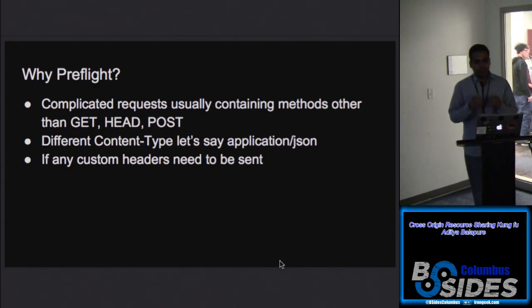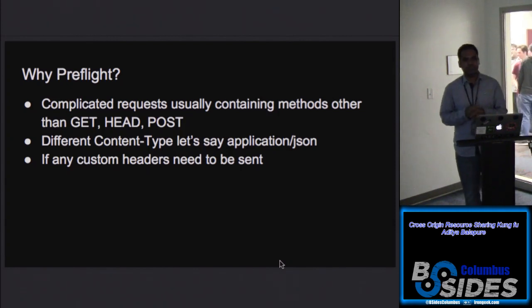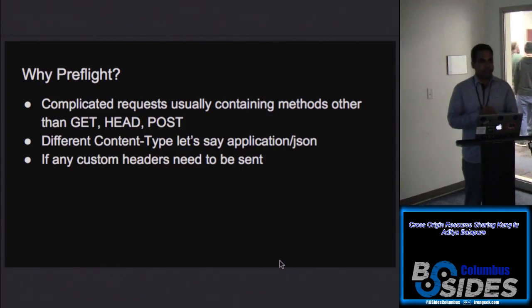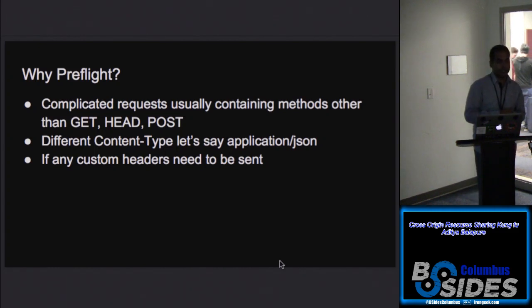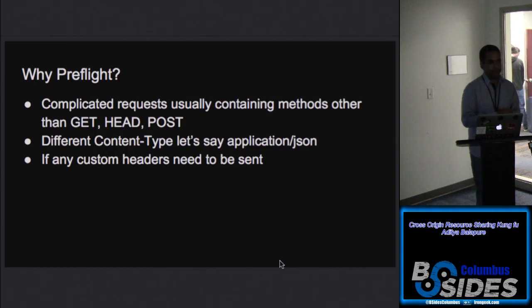If the request contains different content types, let's say the browser is trying to pass JSON, XML, or any sort of data other than text/plain, then it needs to go through pre-flighting. If it's trying to set custom headers, such as an Authorization header, you need to go through a pre-flight process.